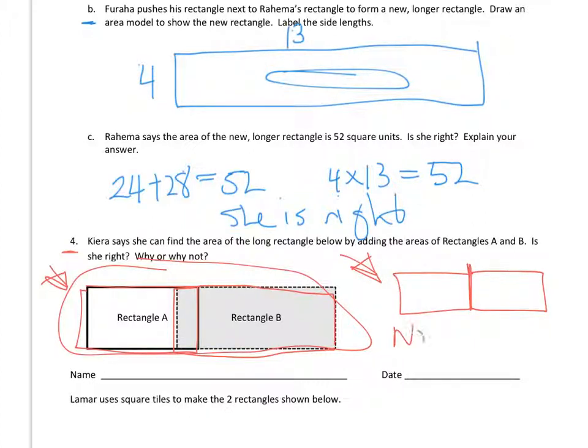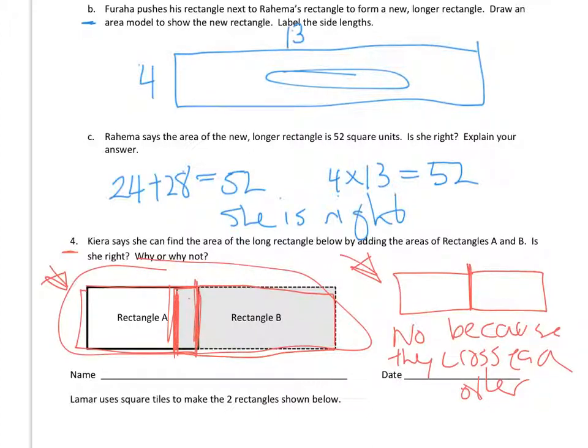So I would say no, because they cross each other. And you can't find that if one overlaps the other, if one goes past the other one, like it did right here for rectangle B. Or maybe it was rectangle A that went into rectangle B. They have to be more like this, next to each other, to make a new rectangle. This isn't making a new rectangle, this is going beyond that spot.